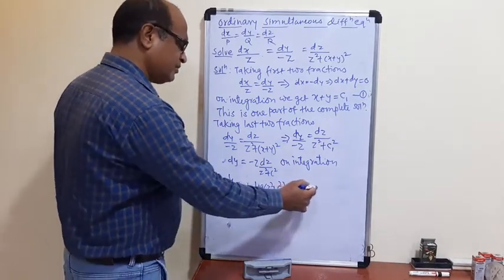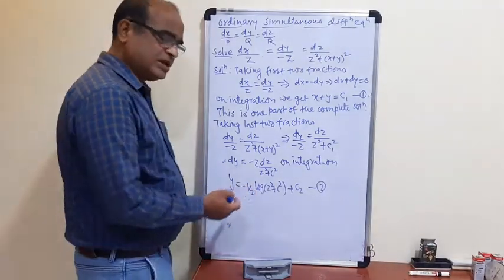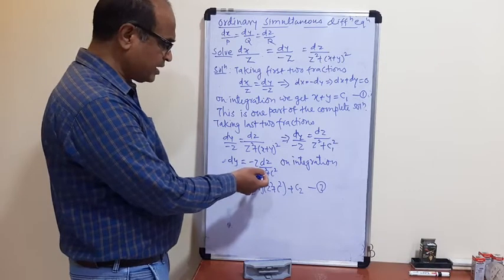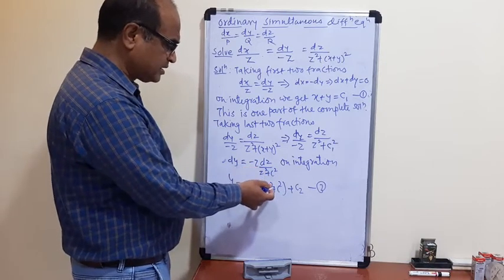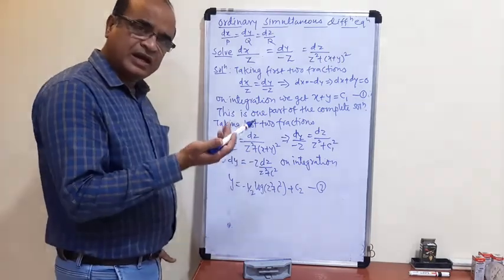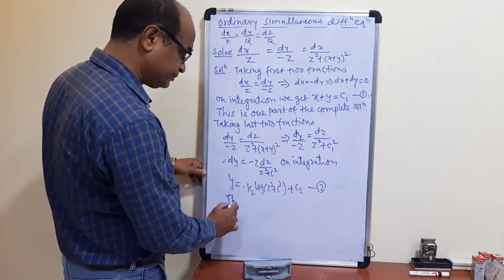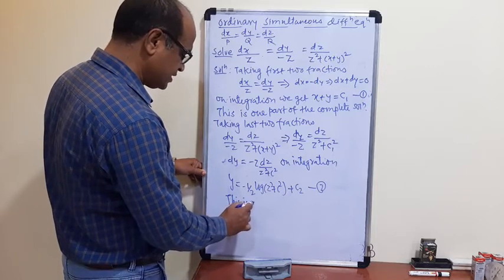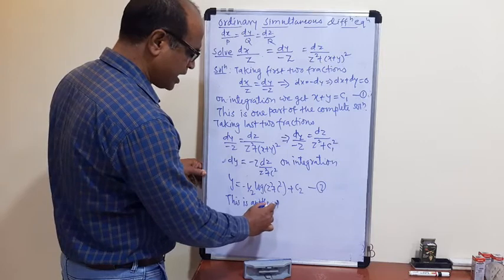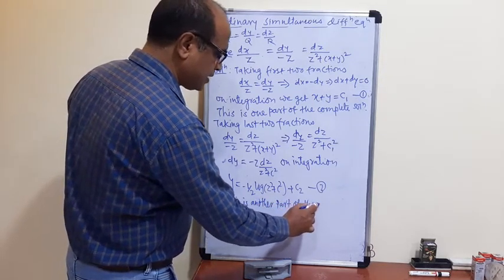This is equation number 2. So how to obtain this integration? Because the derivative of this is 1 upon z square plus c1 square into the derivative of z square plus c1 square, which is 2z. The 2 gets cancelled. Okay. So this is the integration. So this is another part of the complete solution here.